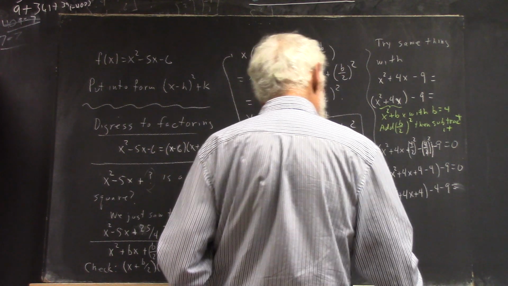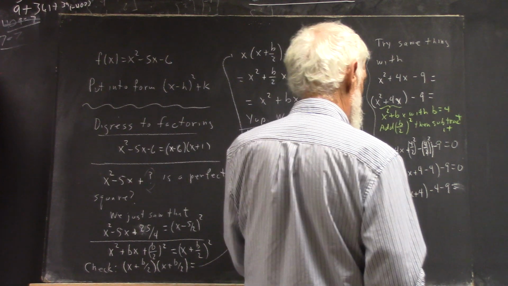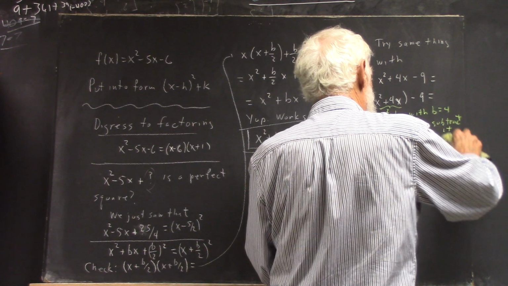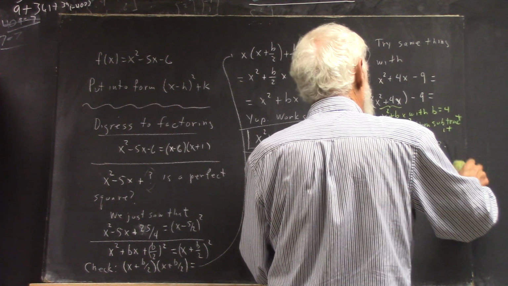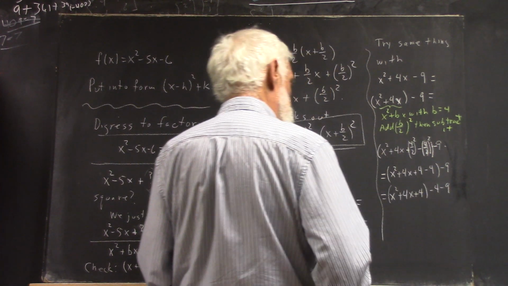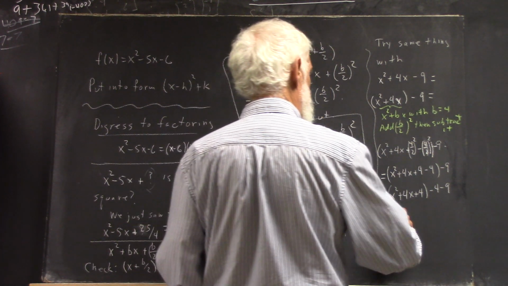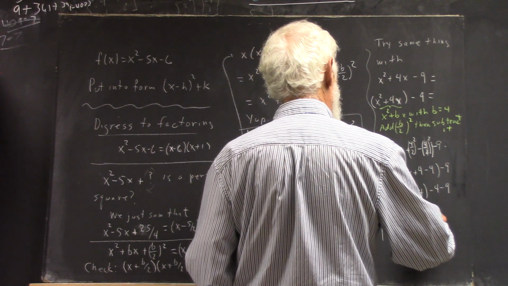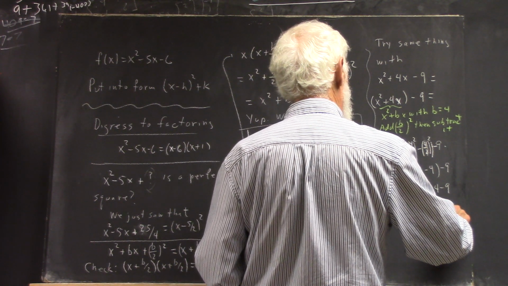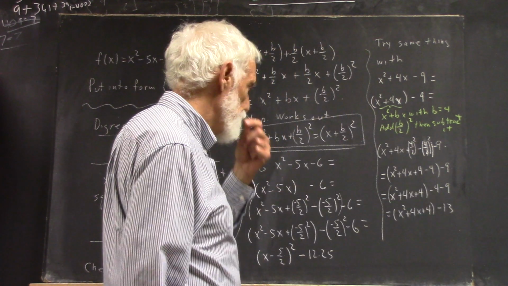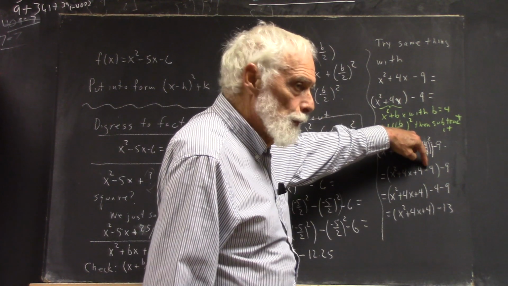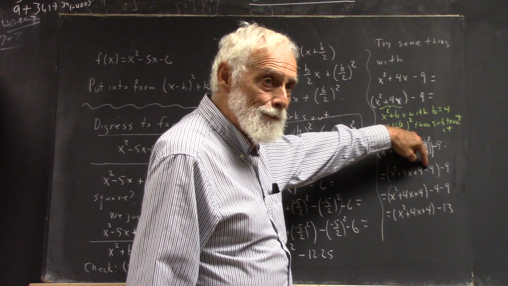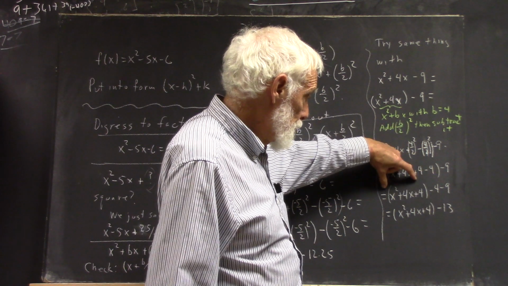I don't know why I've got equals 0 in there. I mean, we'd want that if we want to find the intercepts. We're not doing that right now. So, we take that 4 that we subtracted, we do the arithmetic, and we see we can just rearrange it.